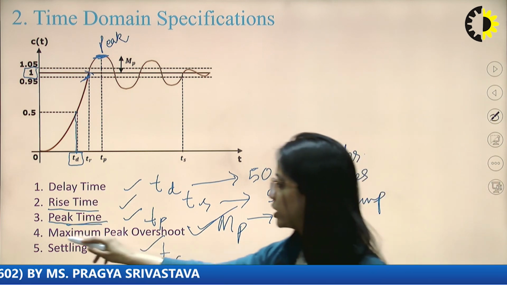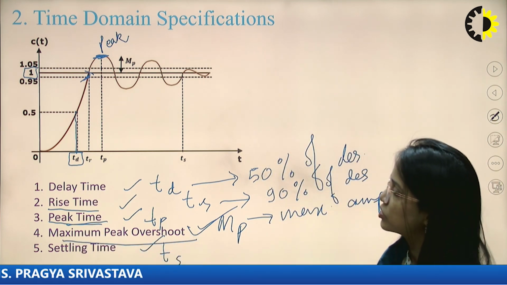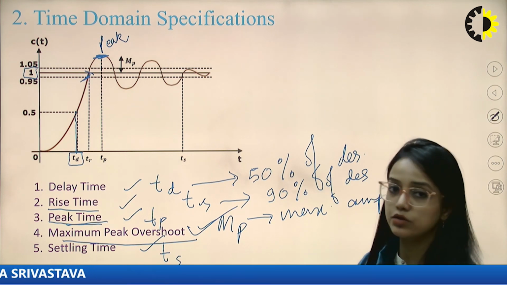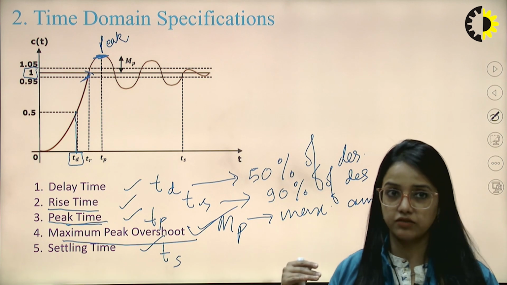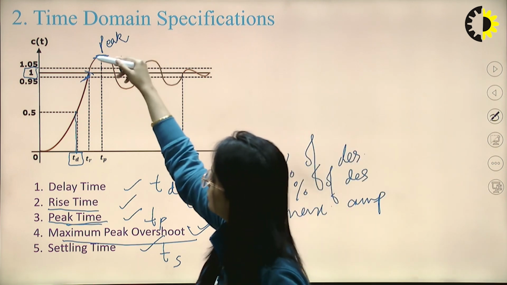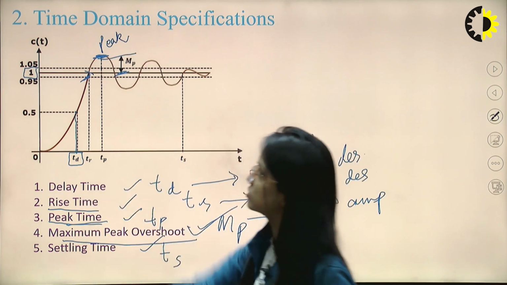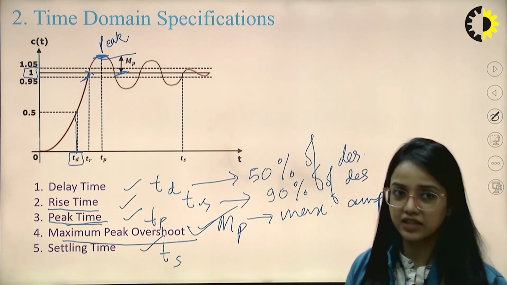And then we have maximum peak overshoot. Maximum peak overshoot is the difference between the peak value and the desired value. Peak value is this, desired value is this, and that is the difference.